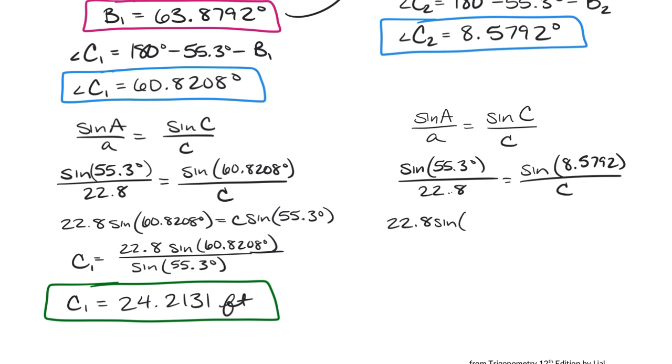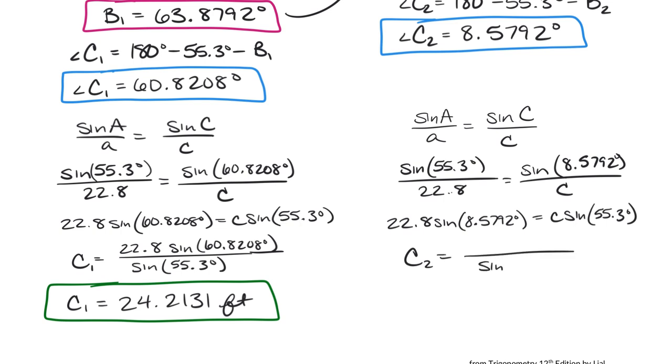22.8 times the sine of 8.5792 degrees equal to c times the sine of 55.3 degrees. When we find c, we'll call it C2 since it's the second version.